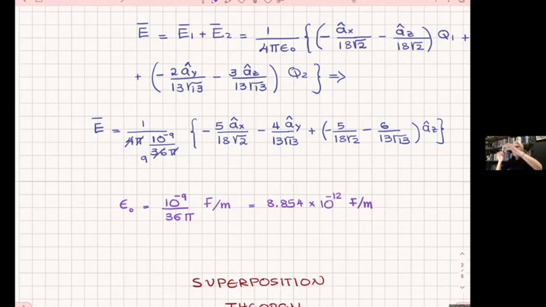You may have one point here in free space, and the other point may be embedded in a dielectric. That is possible. But at the point where you apply this relationship, epsilon naught will have to be the same. Epsilon naught depends on the medium only, not on the source, not on the charge.